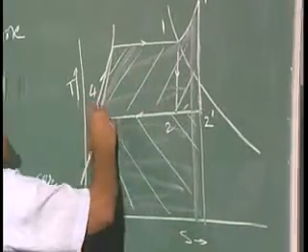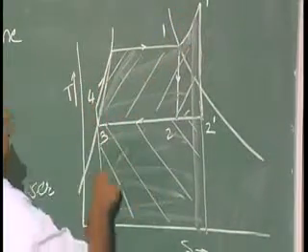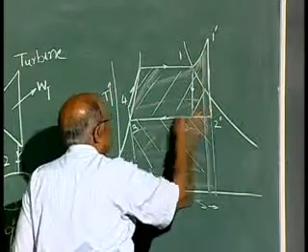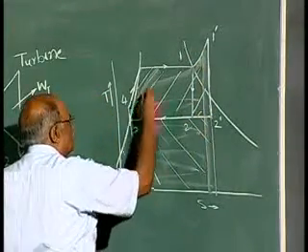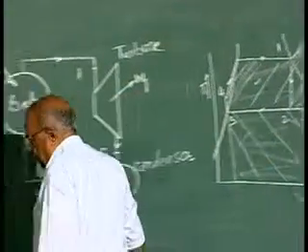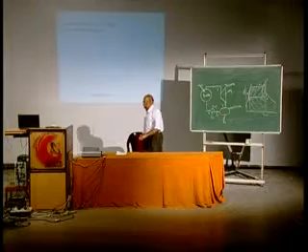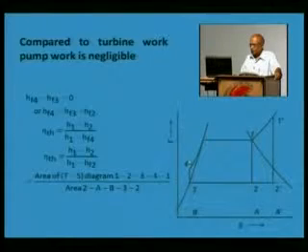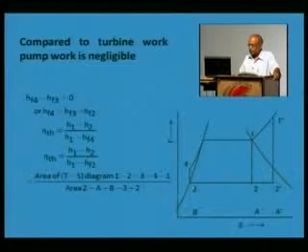So, this total area is the heat supplied, and this area represents the work done. So, this area divided by the total area is the efficiency of the Rankine cycle that can be computed, and it has been shown as area of TS diagram divided by the area of heat supplied.